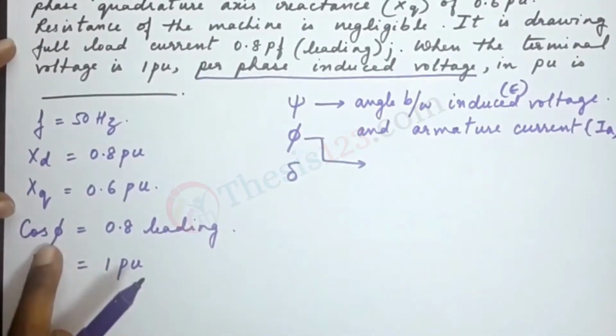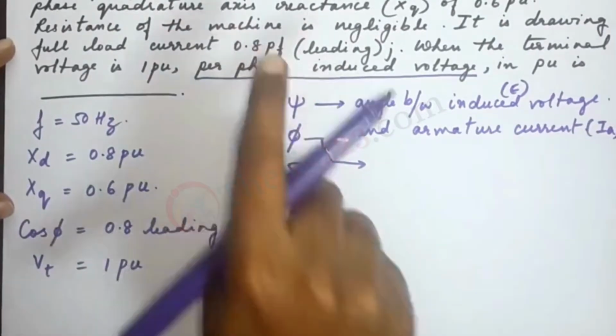Now phi is what we have. That's usually referred to as the power factor.